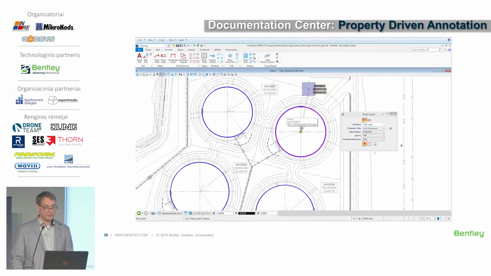And we have property-driven annotation, allowing you to use note templates and retrieve exactly the property or the information associated to this or that object, which we tend to put into drawing.